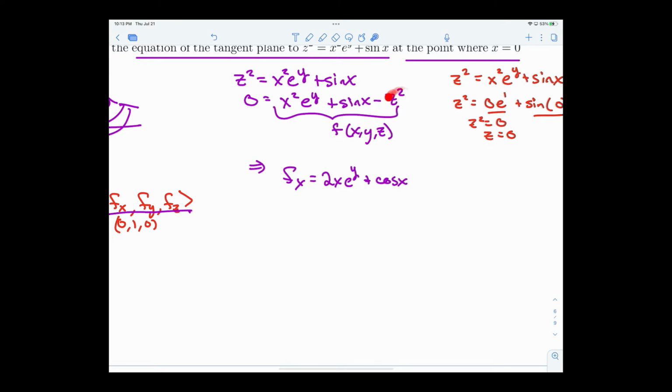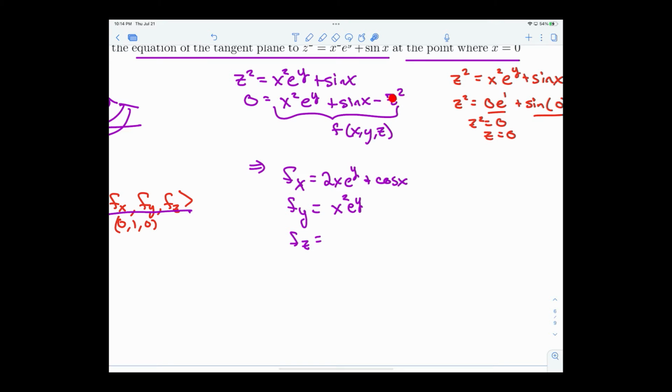And then the last term has no x's, so this is it for fx. We need fy. The derivative of e to the y is e to the y, so we have x squared e to the y, and there are no more y's. So this is done. Then we've got fz.